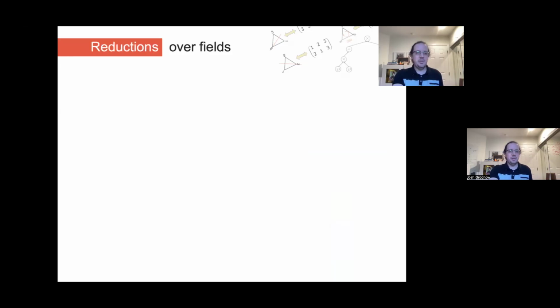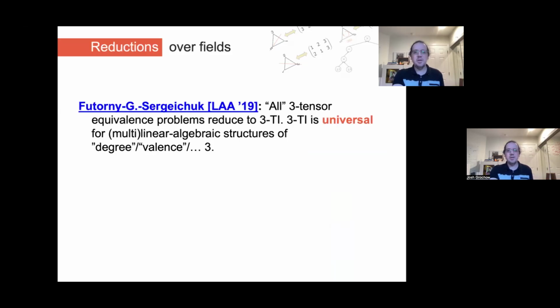Okay. Now, in previous work over fields, a lot of reductions were developed. So with Futorny and Sergeychuk, we showed that all 3 tensor equivalence problems reduce to 3 tensor isomorphism. And so 3 tensor isomorphism is sort of universal for isomorphism of multilinear algebraic structures of degree or valence or whatever you want to call this, 3.